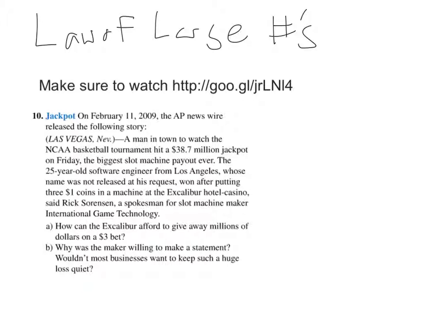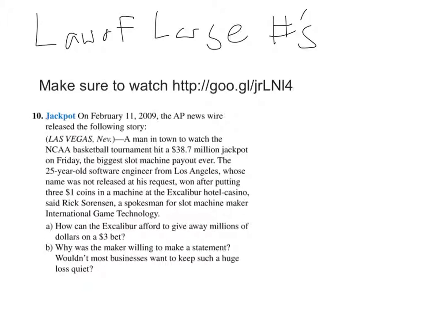So I'll let you read this problem, and then you can stop the video and come back and listen to what I'm saying about it. What's going to happen is, because the Excalibur has so many people going through their casino, and most of them lose, they're going to make enough money to cover that one player that's going to win that $3.9 million jackpot. Okay.